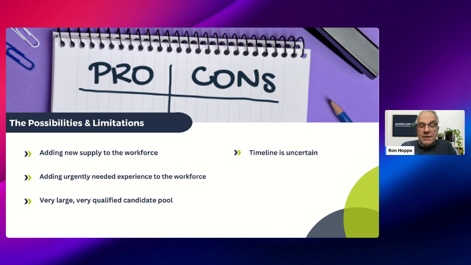So while the processing time is somewhat uncertain, and I'll submit that 18 to 24 months is too long, international recruitment is also responding to a challenge and a problem that is not short-term in and of itself.